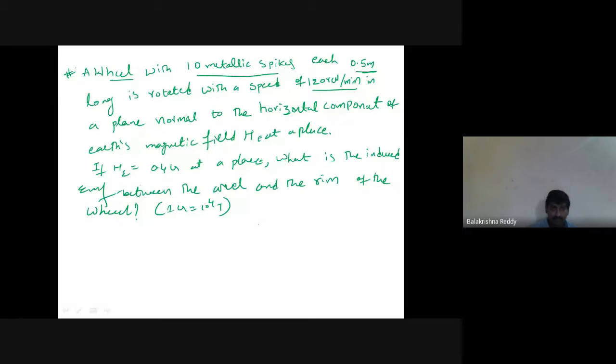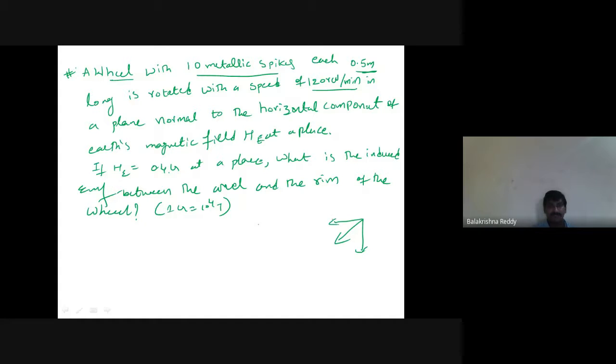So now, in this 120 revolutions per minute, how can we express what they are telling? If it is moving with 120 revolutions per minute in a plane normal to the horizontal component of Earth's magnetic field, that is like this, completely vertical.